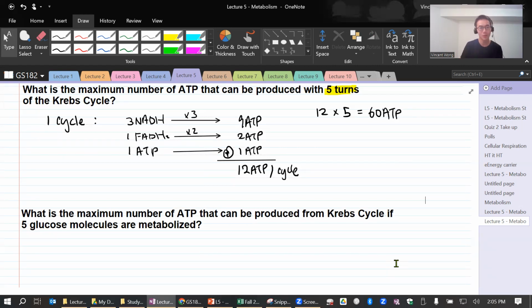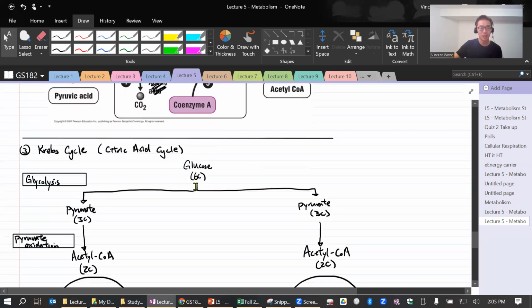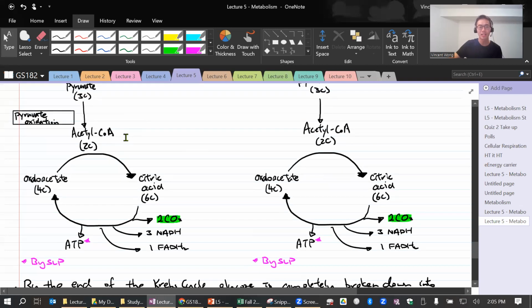Thank you, Blessing. That's correct. If you didn't know that, let's take a look here. We started with 1 glucose. Each glucose is broken down into pyruvate. Each pyruvate is converted into acetyl-CoA, and each acetyl-CoA will spin in the Krebs cycle, right? So that's 1 spin and 2 spins.